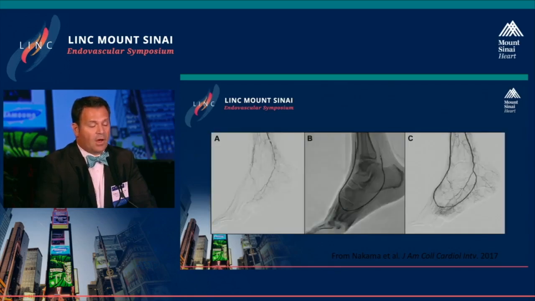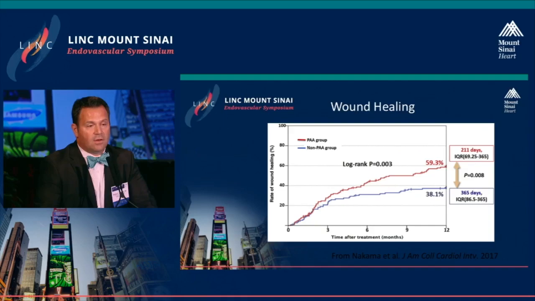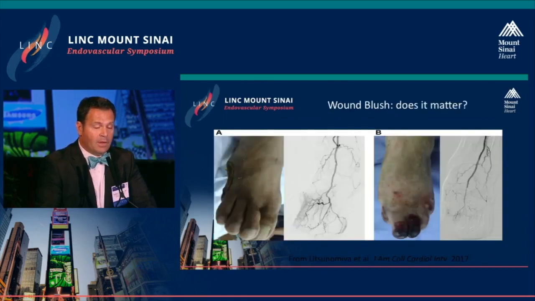And this is what we're talking about, and it'll be discussed in a later lecture. So again, when you break it down, though, it all has to do with wound healing. There's no statistically significant difference in survival, limb salvage, amputation-free survival, or reintervention at 12 months. But you do see significant wound healing changes, earlier wound healing by about 140, 150 days.